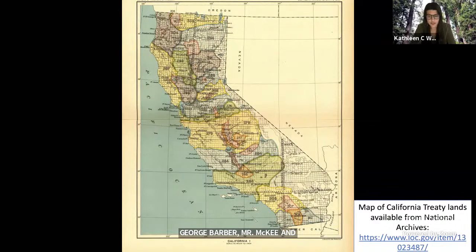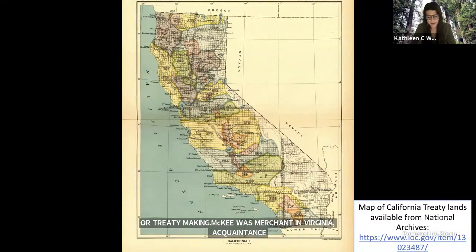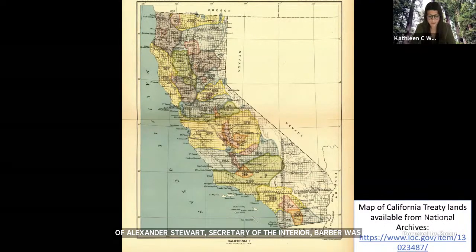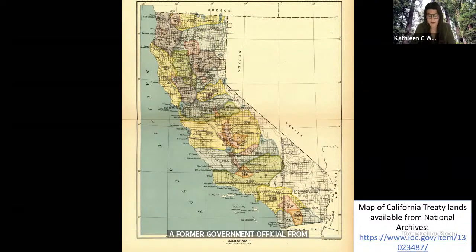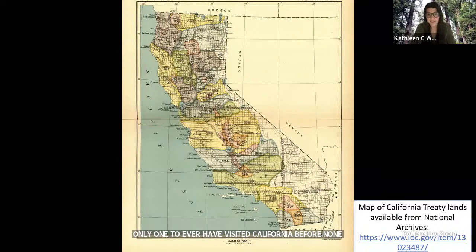McKee was a merchant in Virginia, an acquaintance of Alexander Stewart, the Secretary of the Interior. Barber was a former government official from Kentucky, and Wozencraft was a physician who had migrated from Louisiana to California during the gold rush. Indeed, he was actually the only one who had ever visited California before. None had any obvious qualifications for the task, apart from the one that really mattered.